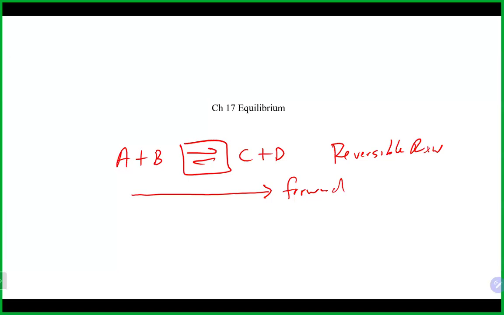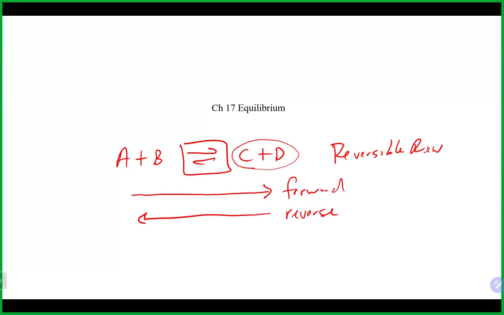As they start making products, at some point there'll be enough products that they will react with each other and head back the other direction. That is what is referred to as the reverse direction, where the products recombine and make the reactants which they started with.